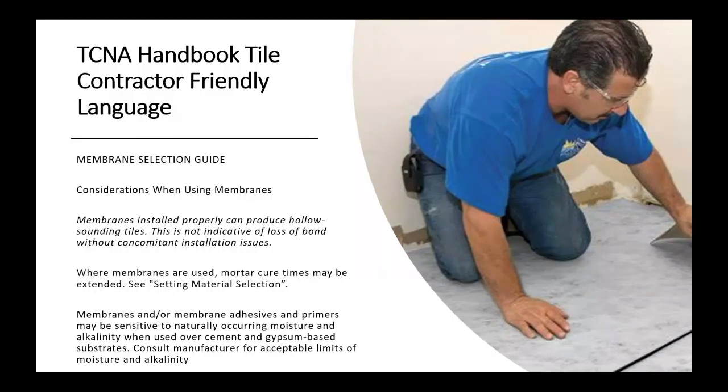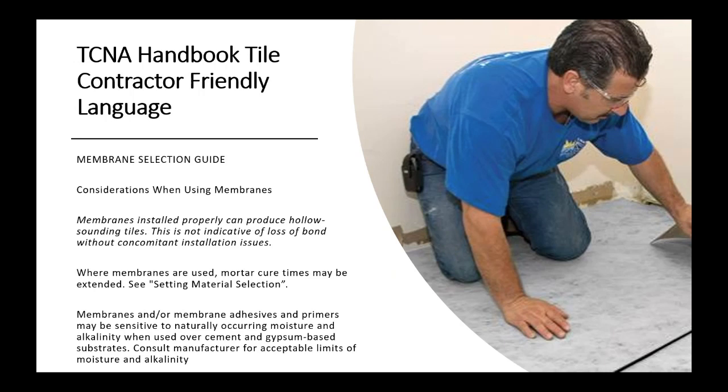In the membrane guide, there's some other good helpful information. They talk about membranes when installed correct. When they're done perfectly, they can still produce hollow sounds. We have one membrane that's a sound membrane, a fairly thick one, and the fleece on the top of the membrane is intended to kind of separate from the floor and the membrane below it.